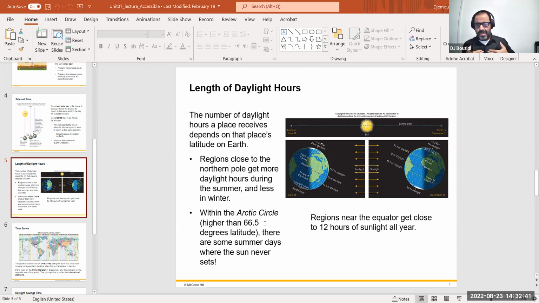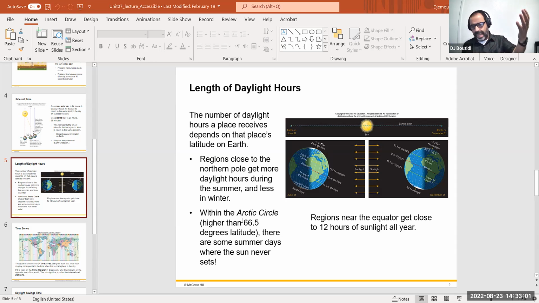Whereas in our location, remember, we are at 34 degrees in latitude. At 34 degrees, we will never see this phenomenon. Okay, we are well less than 66.5 degrees. So we should not have that problem. And it's true also for the southern hemisphere, except that the picture is reversed.